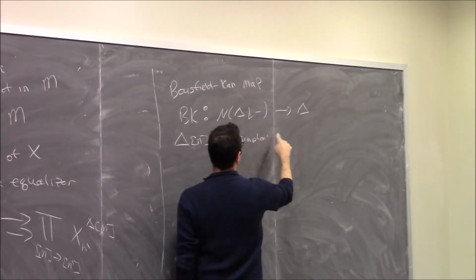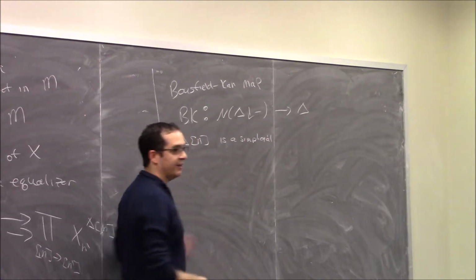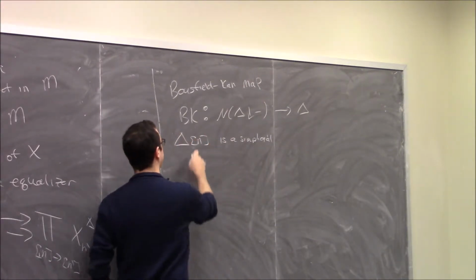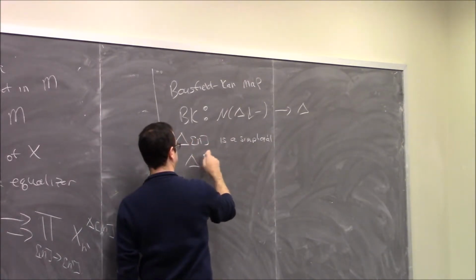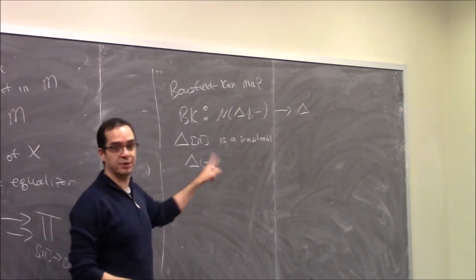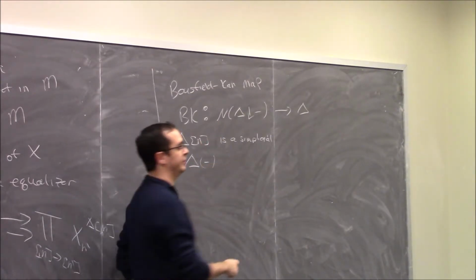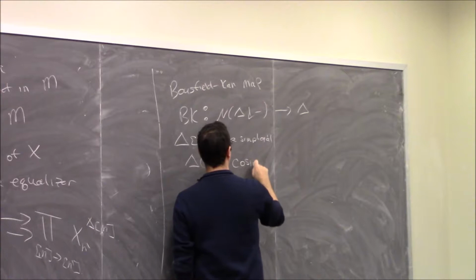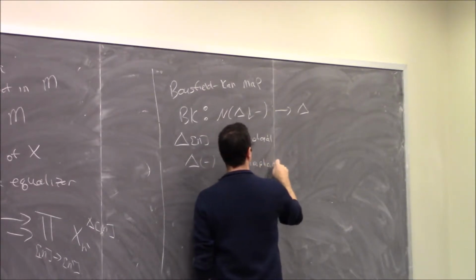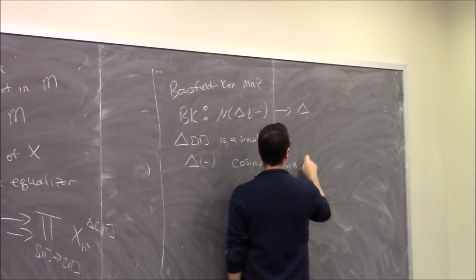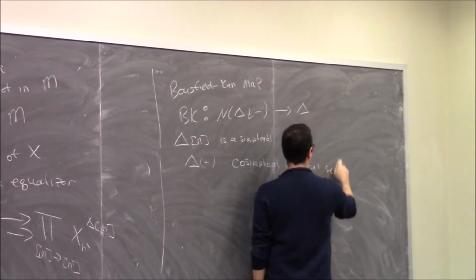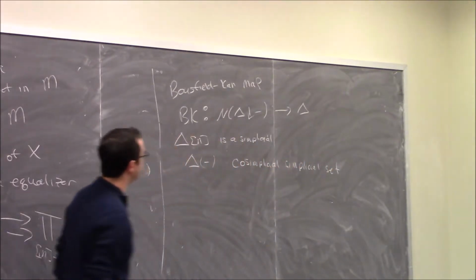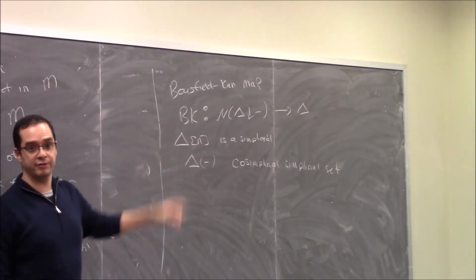So delta n is a simplicial set, and if we take the collection of all these things, we'll get a cosimplicial object, so we'll get a cosimplicial set. And then same thing with the nerve.